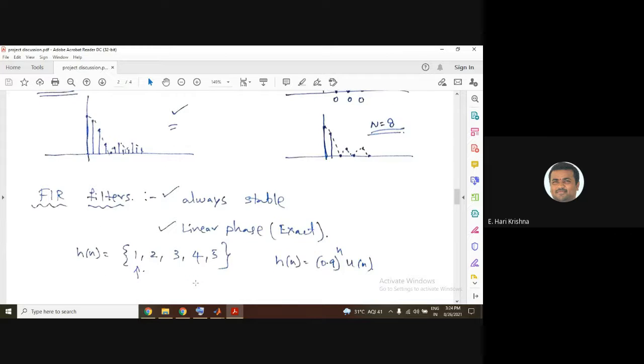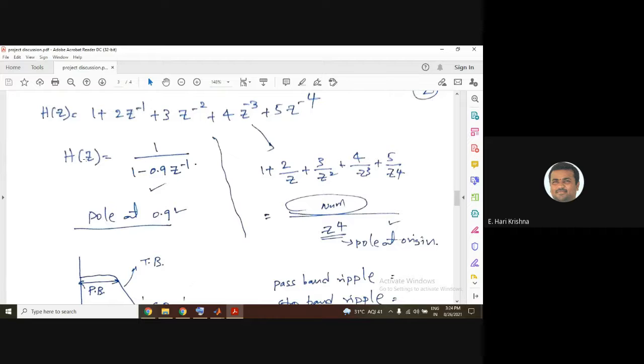I applied Z transform to both. So the first one, h of z is equal to 1 plus 2z power minus 1, plus 3z power minus 2, plus 4z power minus 3, and plus 5z power minus 4. So FIR filters consist only of a numerator in the transfer function. Here there is no denominator.